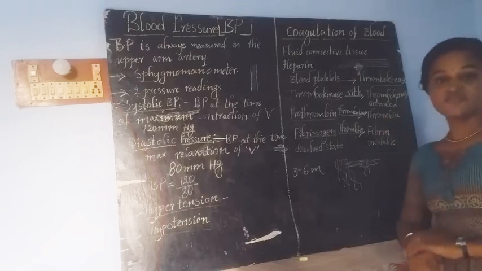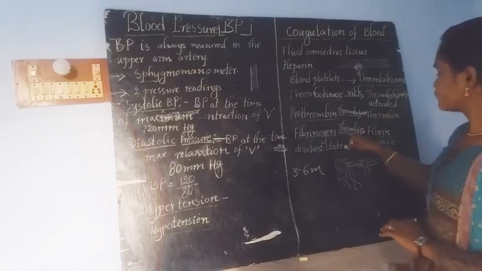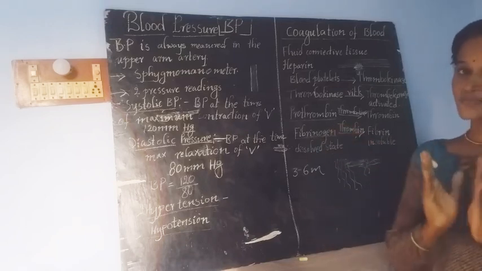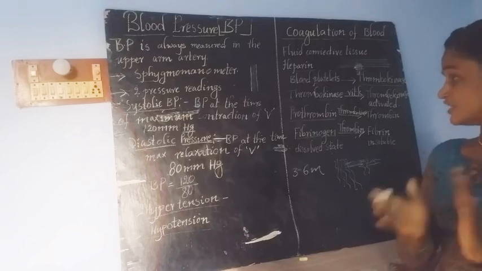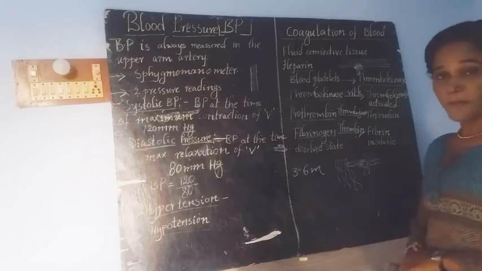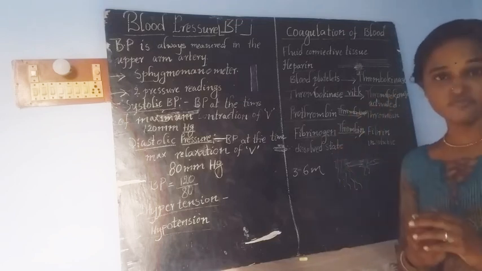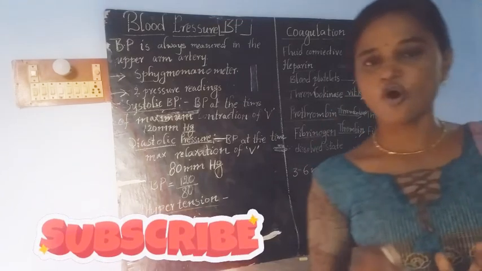That is done by the fibrin in the presence of thrombin. Fibrinogen is actually a substance of the blood. Whenever we get an injury, in the presence of thrombin, it is converted into an insoluble form, and that insoluble form is called fibrin.